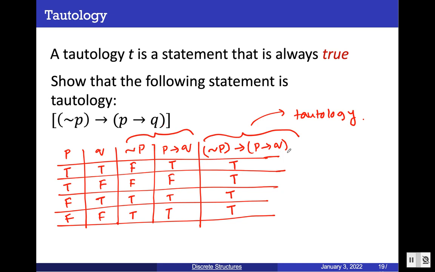For example, this statement is a tautology, and if we do an or with any other statement, the result will also be a tautology.